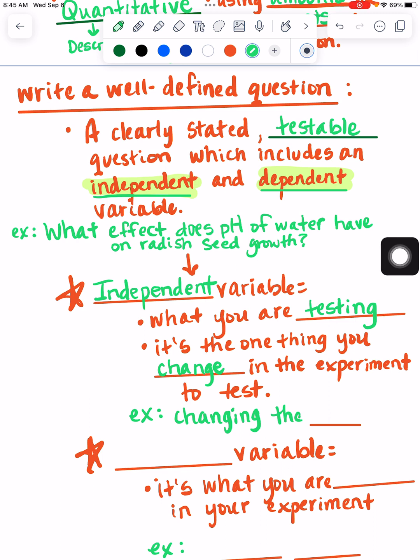We're changing the pH of the water. I'm going to write that in parentheses. We're changing the pH of the water to test different pH waters to see if it has a better effect on radish seed growth. So independent variable, always go back to your question to see exactly what you are testing.